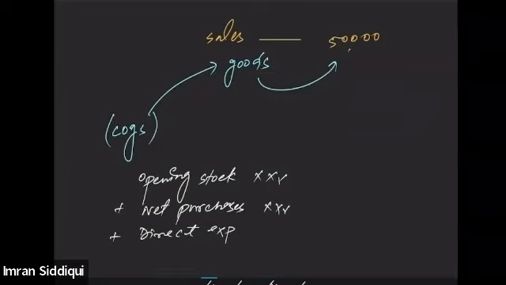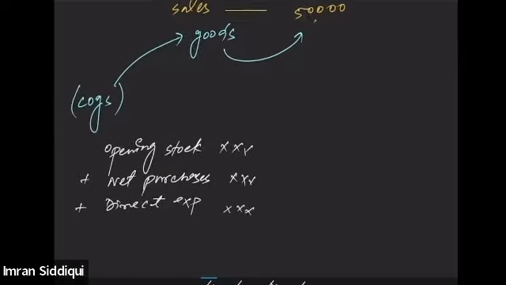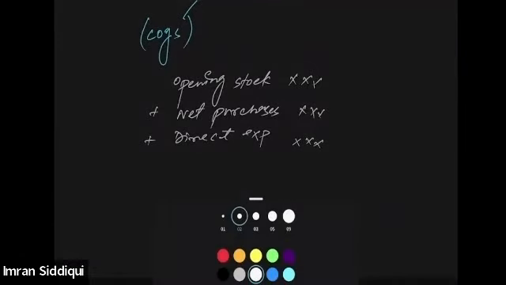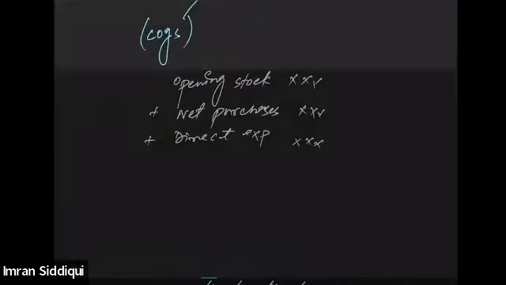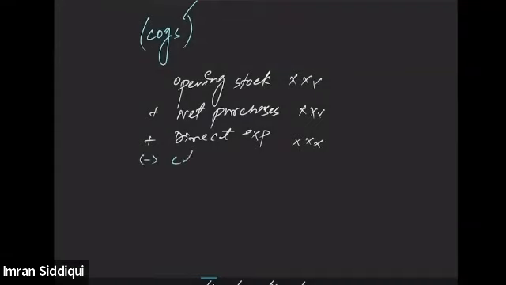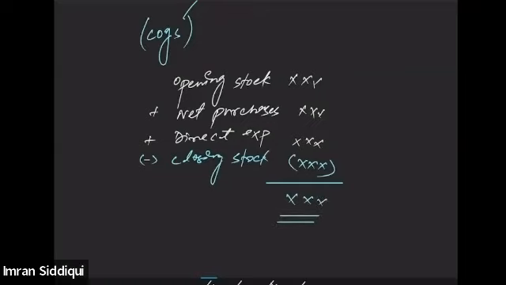will also be added. And after doing that, we'll subtract one value, which is the value of the closing stock. After subtracting this, whatever the value that we will get, that is considered as COGS, or cost of goods sold.